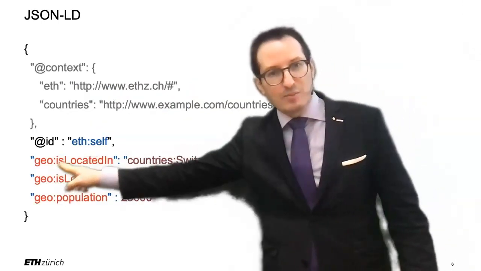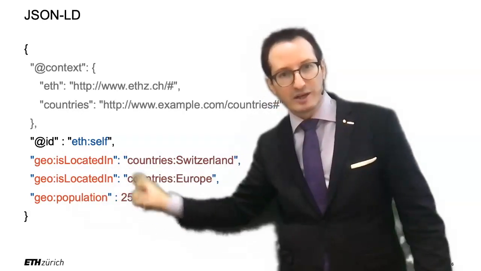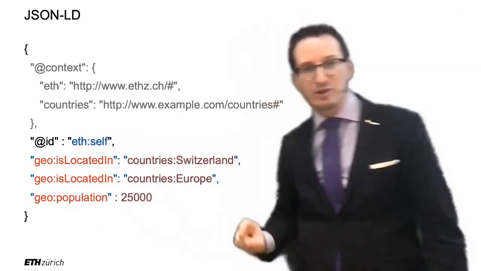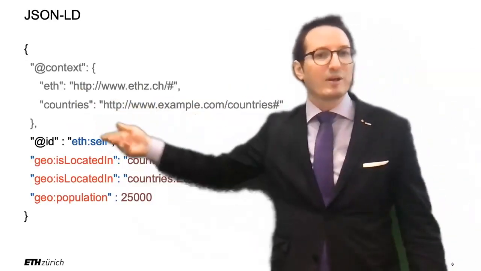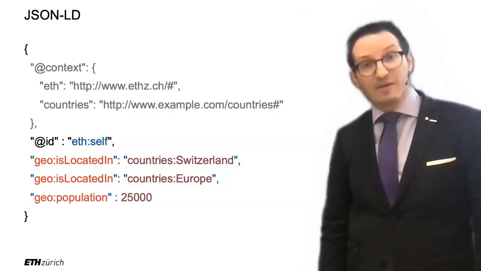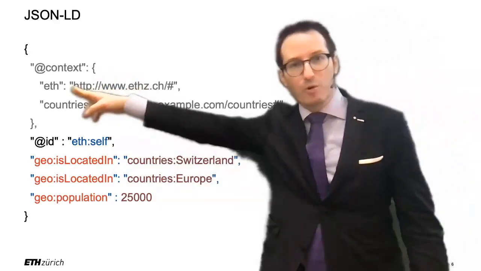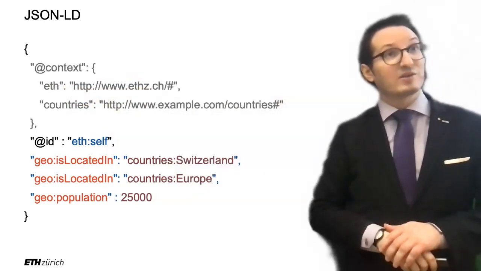Then again, with the same rules, they have the properties, and here they have property object, property object, property object. They just share the same subject. That would be the equivalent of the semicolon, basically. And then you just create more and more objects for every subject. This is the JSON-LD syntax. And then in here, you have all the prefix namespace bindings. All right, that's the JSON syntax.